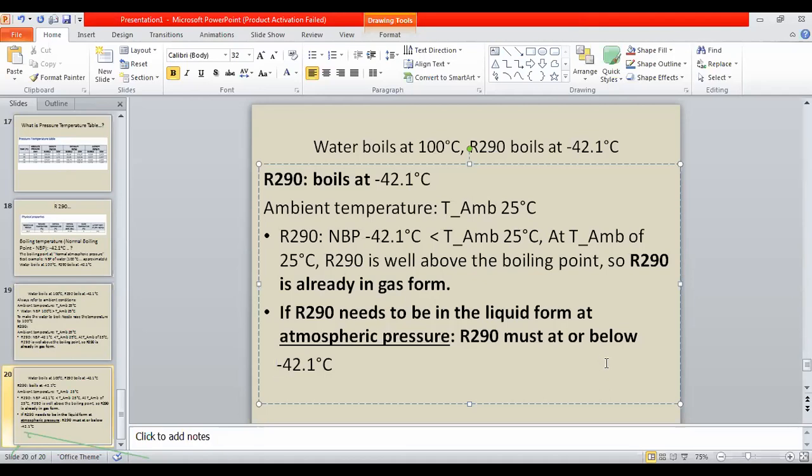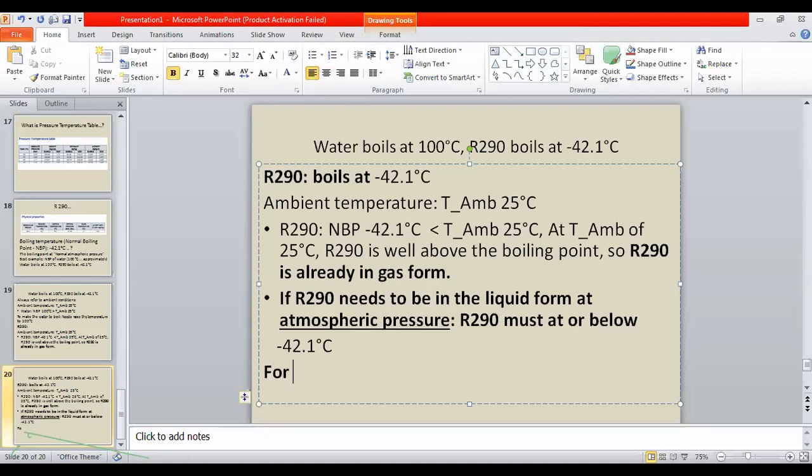Same like in atmospheric pressure, or in the room condition, for the water to remain as liquid, the temperature should be below 100. Okay. So the temperature for water, the same thing.